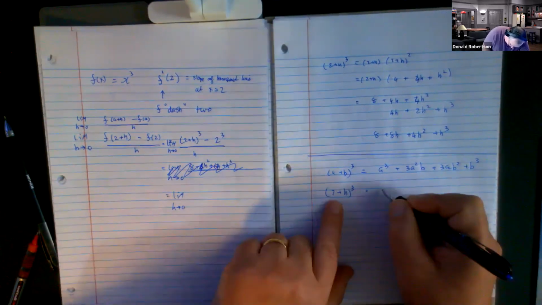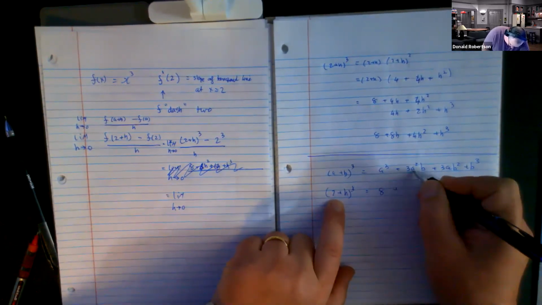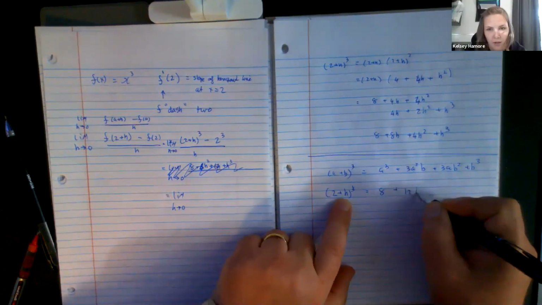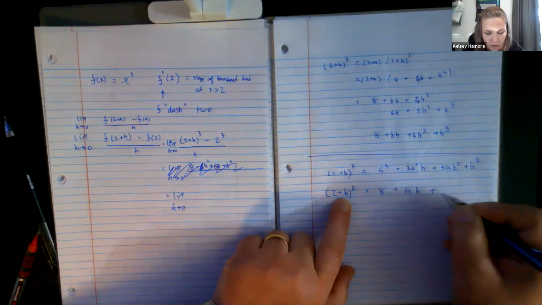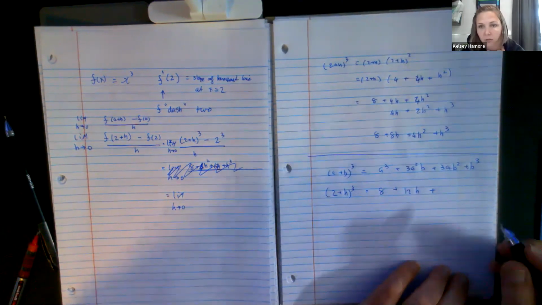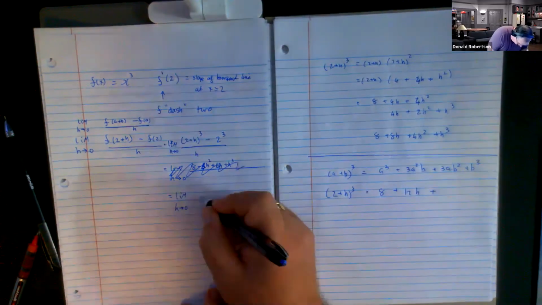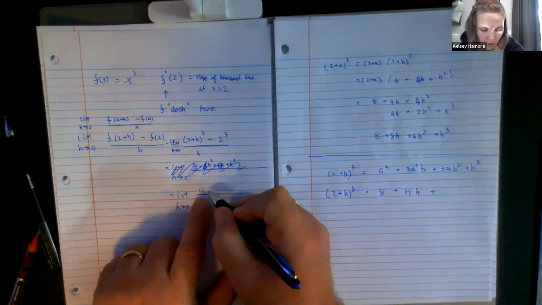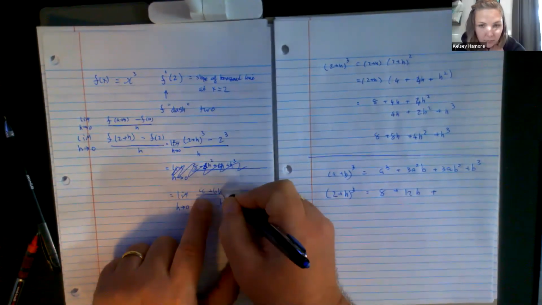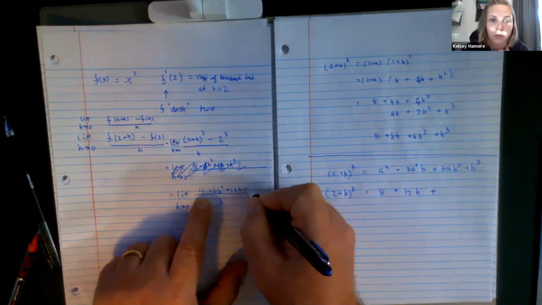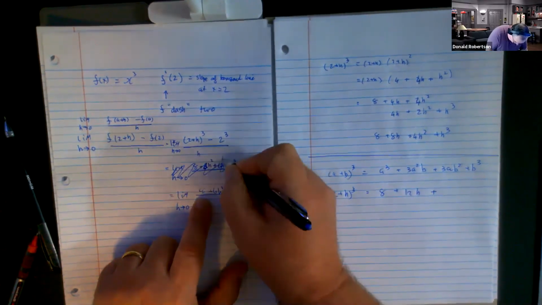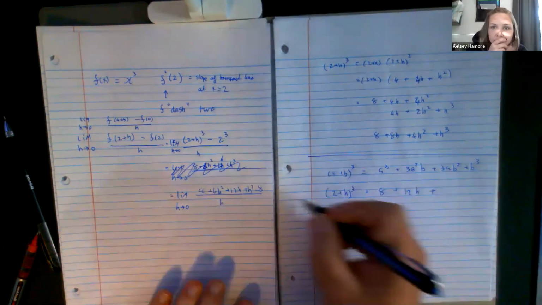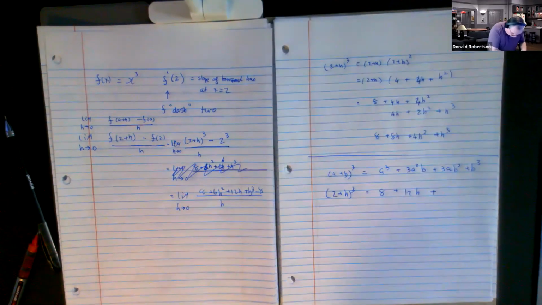It's going to be 2 cubed, which is 8. It gives me 12h, then 6h squared, and then just h cubed. So 8 plus 12h plus 6h squared plus h cubed. The one I got wrong was the 12h. As I say, it's not meant to be as hard as I made it. For some reason, my brain can't work.